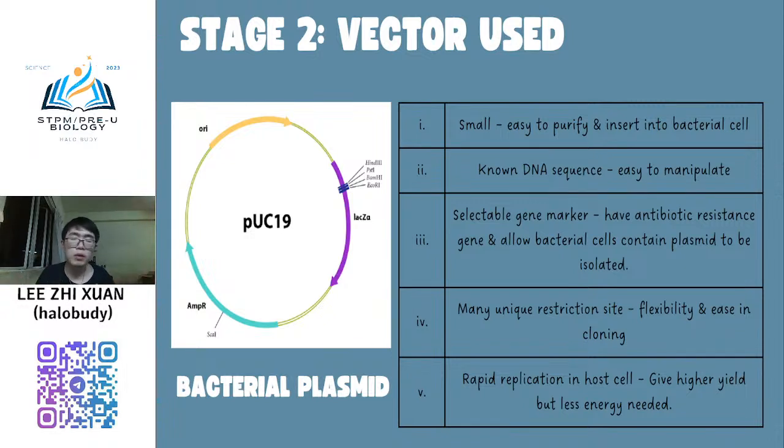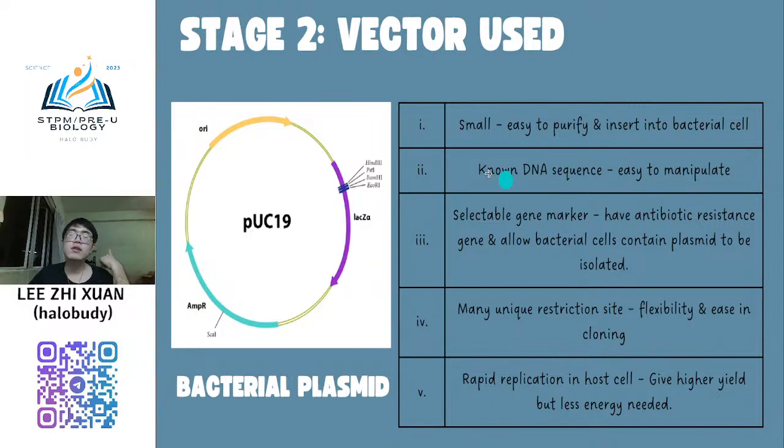It is very difficult to purify and to insert again into the bacteria cell. So why we cannot use the chromosome is because it is very large and complex and not easy to purify and insert.